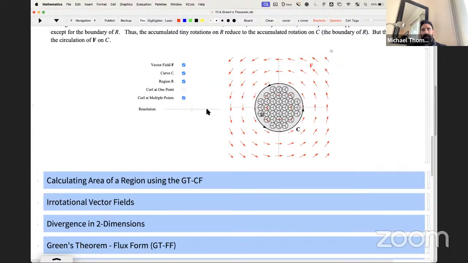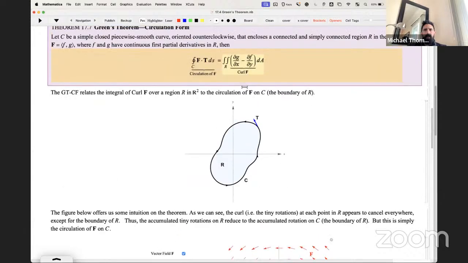And as we increase the number of points, you can still see that everything in the middle is canceling. So then you ask yourself, well, what's left if everything in the middle is canceling? Well, the only thing that's not canceling is everything on the boundary because there's nothing outside to cancel with. So that's why if you add up all of the curls, everything in the middle cancels except for what's left on the edge. And what's left on the edge is the circulation.